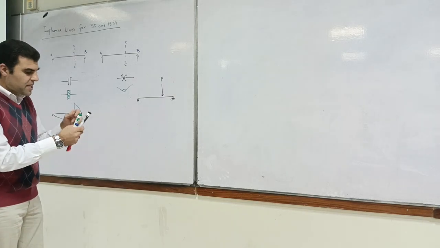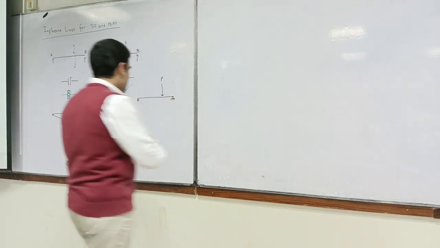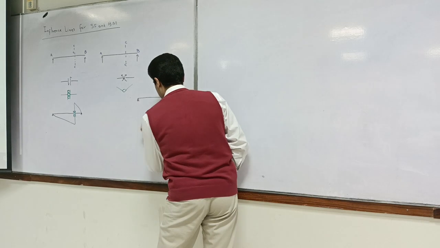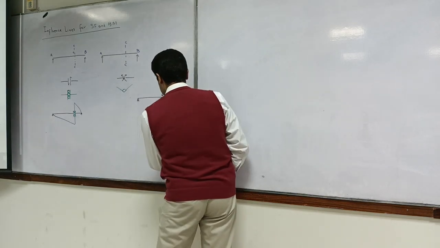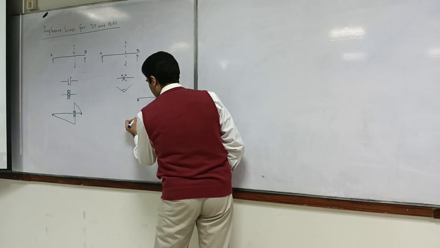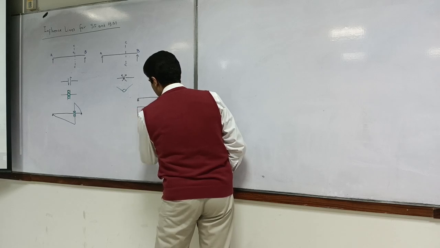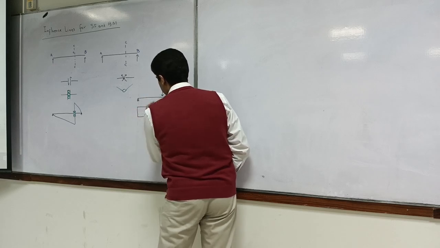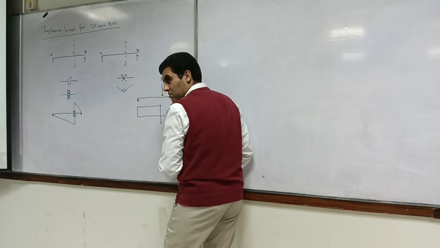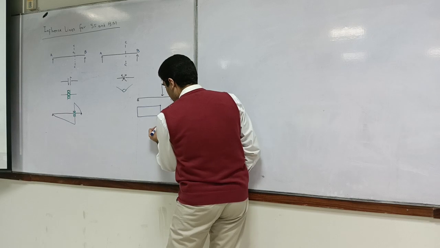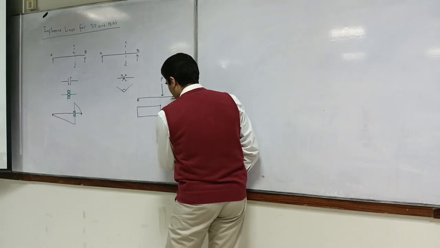So what is the shear force diagram? The shear force diagram, that is the static case. We are talking about the shear force diagram, okay? That goes like this. Over here we have one shear and then we have another shear. Isn't it? There are two shears at this point and then it goes and comes down.